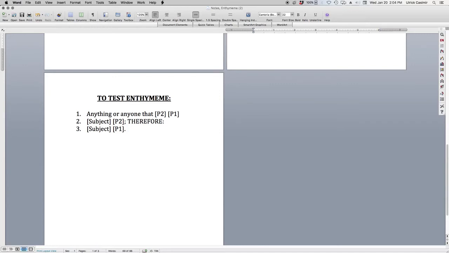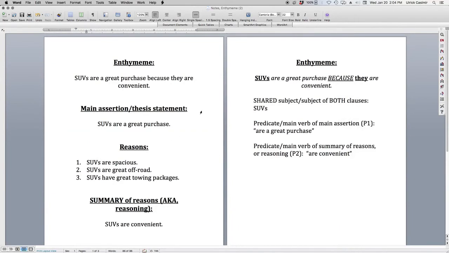So the first thing that you would say is that anything or anyone that does predicate 2 does predicate 1. What does that mean? It means that anything or anyone that is convenient is a great purchase.